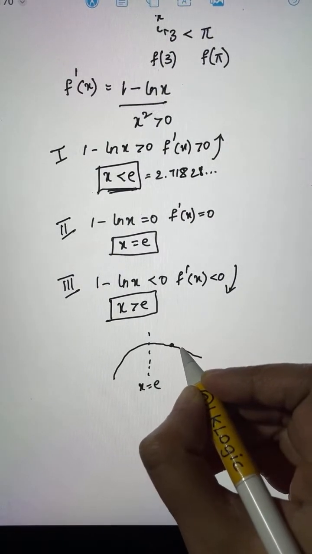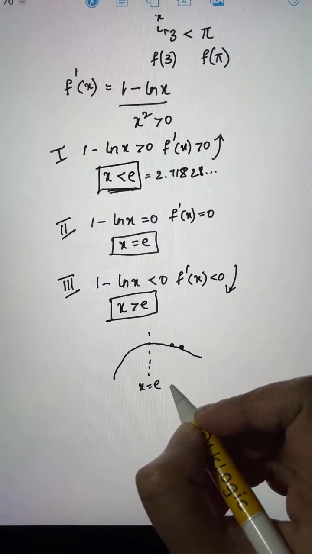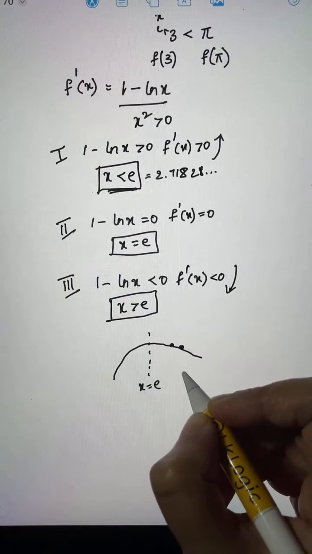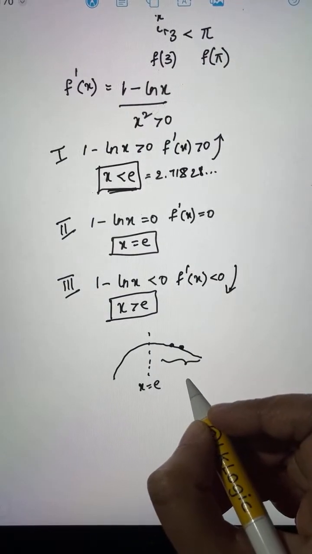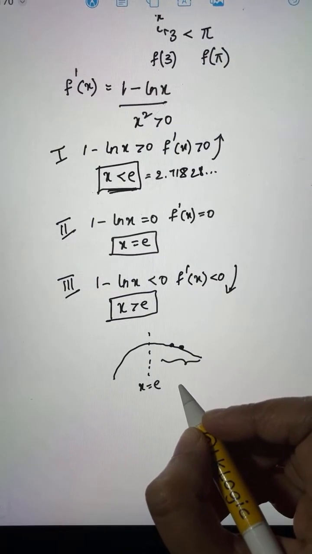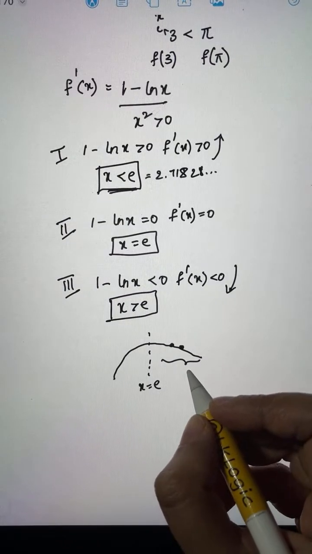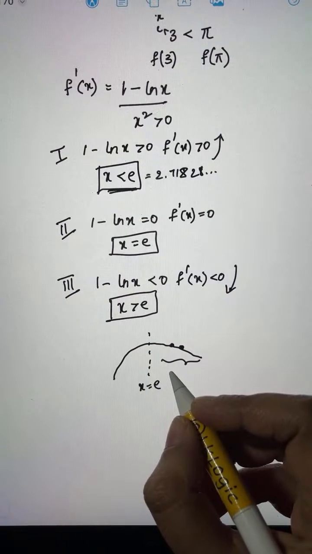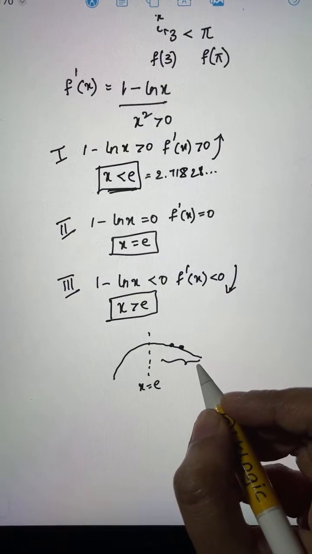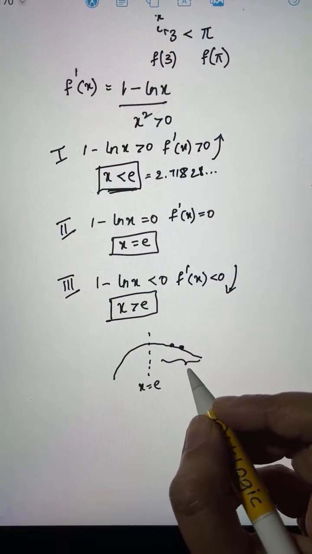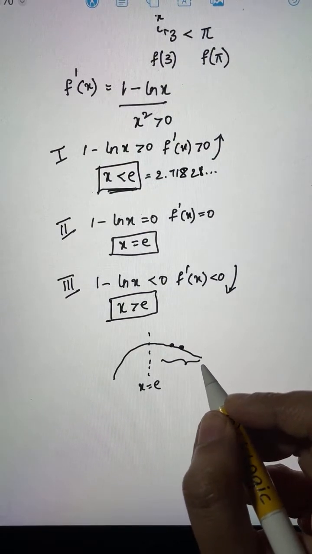If x is greater than e, this function is decreasing, right? So if x1 is less than x2, then f of x1 is greater than f of x2. That means the greater the x, the smaller the value of f of x.